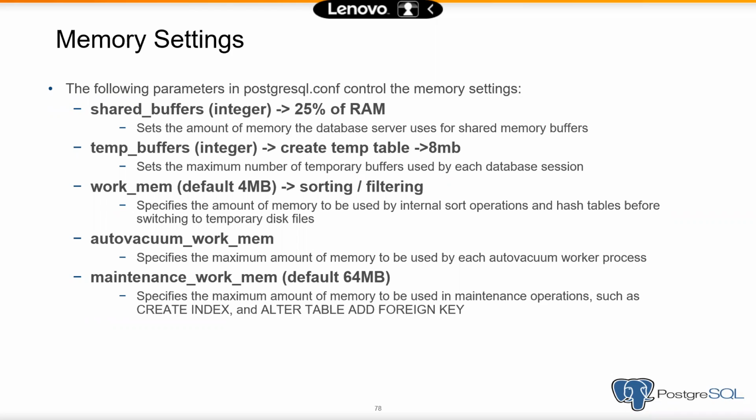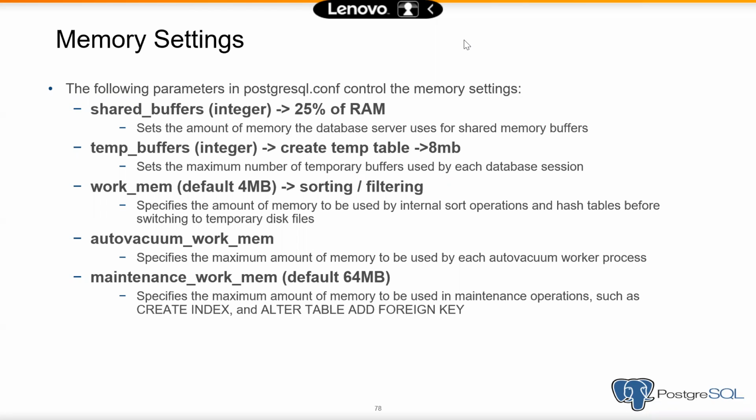Autovacuum work mem. Yesterday I showed you the use case of autovacuum. Autovacuum is basically used for performing maintenance activities like vacuum full. Now say autovacuum has a lot of tables.